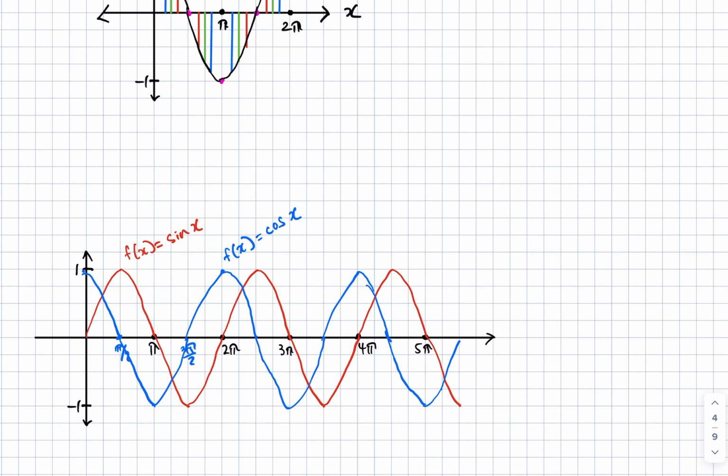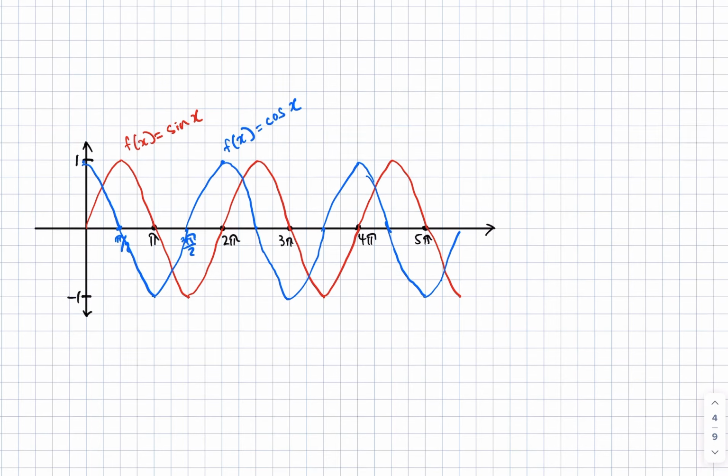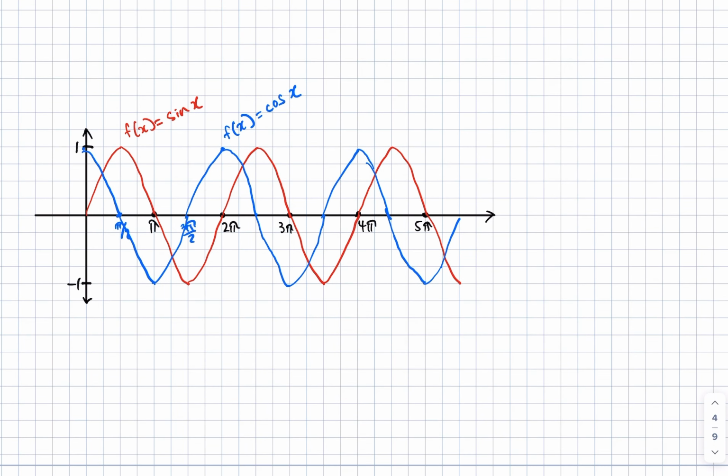All right, so let's compare the sine and cosine functions that we've graphed so far, okay? Basically, what we're seeing is that in this red graph, this is our sine function, and our blue graph is our cosine function. And you'll see that the sine function and the cosine function are essentially the same, but there is a phase shift by pi over 2.